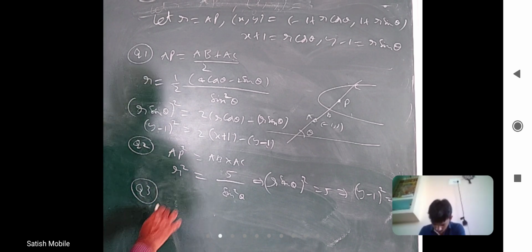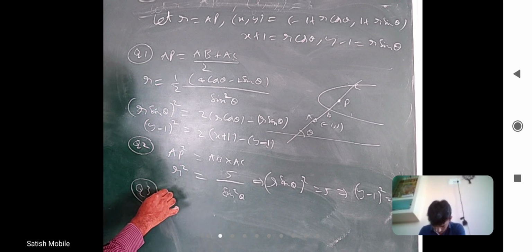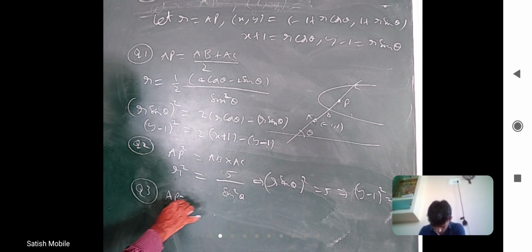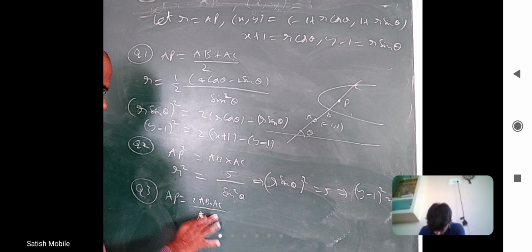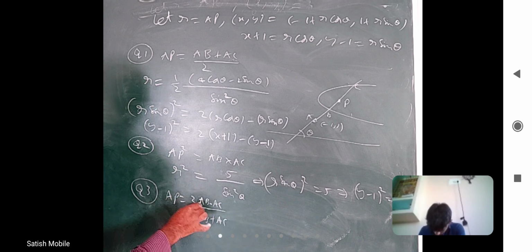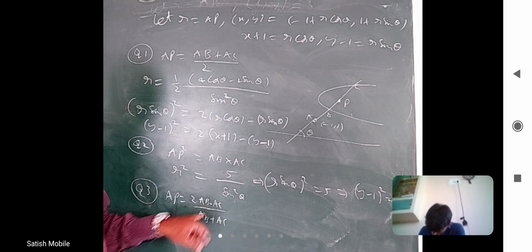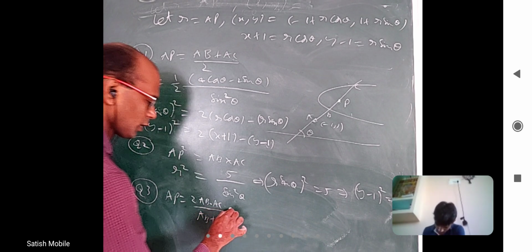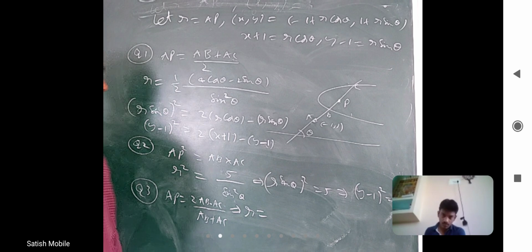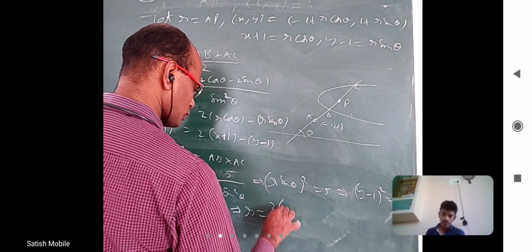Question 3, they are in harmonic progression. At that time, we know AP is equal to 2 AB into AC by (AB plus AC). Harmonic mean formula is 2ab by (a plus c). So here I have to write the product of the roots, and here I have to write the sum of the roots. From this I will get r is equal to 2 into the product of the roots.